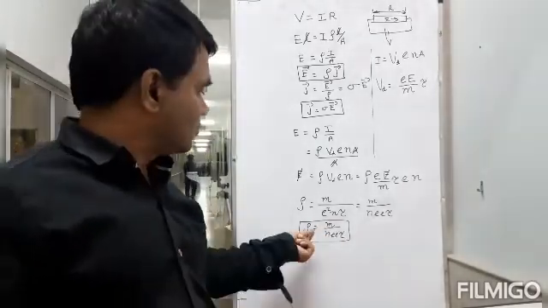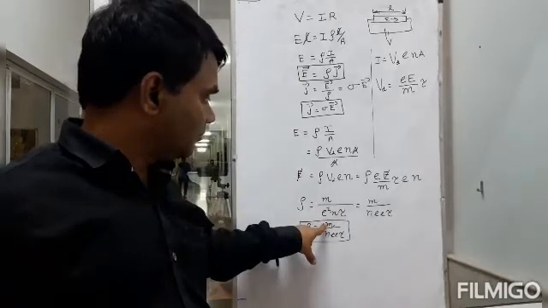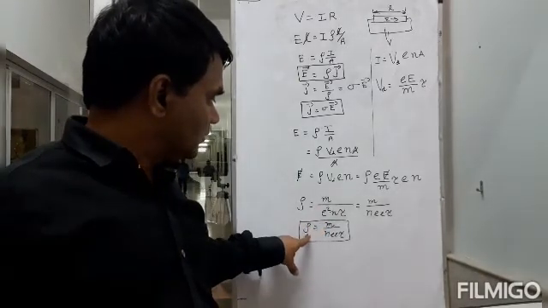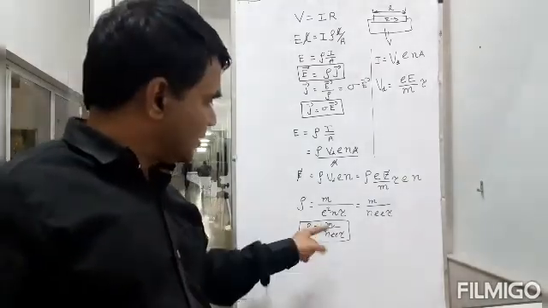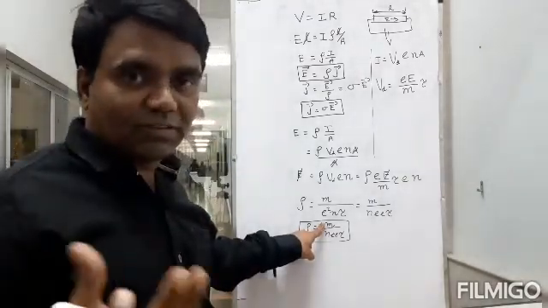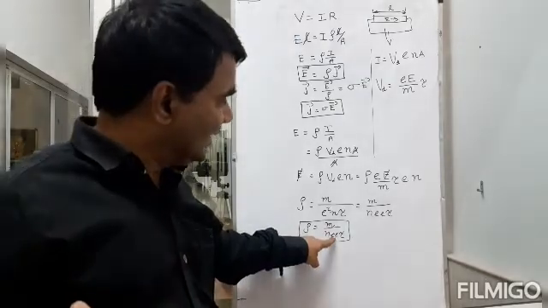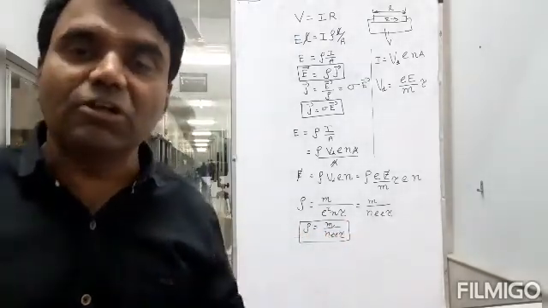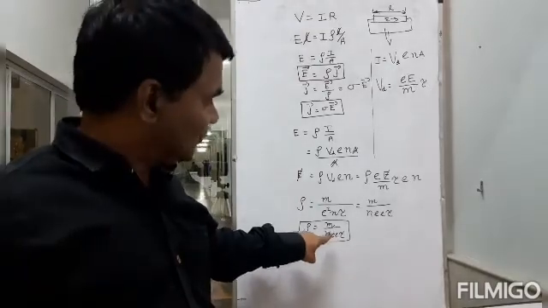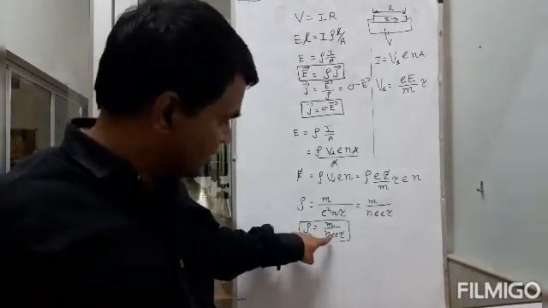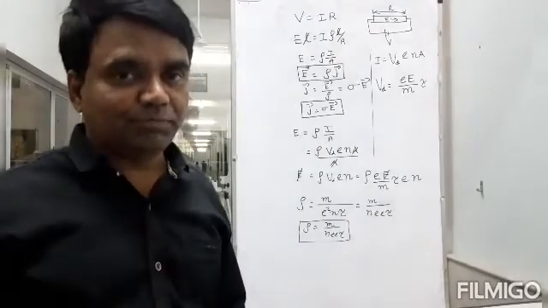Okay, so if you see rho, the resistivity will be small. m is constant, that's the mass of the electron, it won't change. e will also not change because it is the charge of the electron. What can change? n can change, and then tau can change.